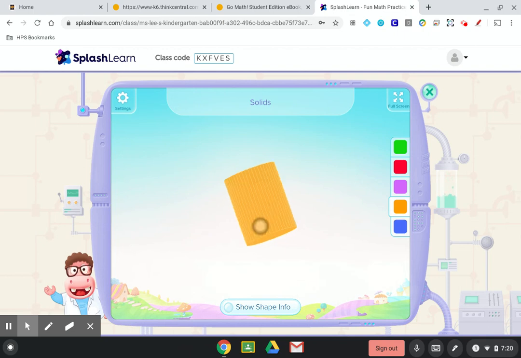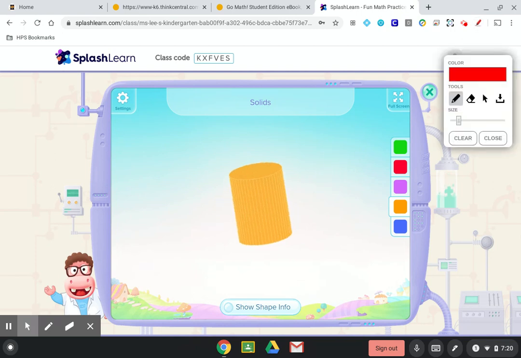Look, this is a cylinder, and I am moving it around. Does it look like anything that you can think of around your house? A cylinder can be tall or it could be short, but a cylinder always has two flat surfaces.